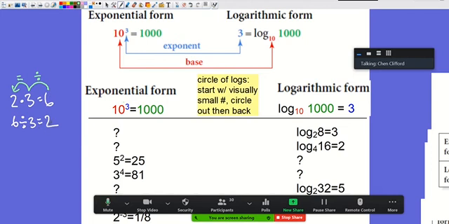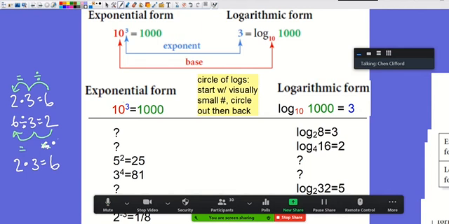If you want to rearrange this division to get back to multiplication, you would just do 2 times 3 equals 6, and then you get back to your original multiplication. That's the same relationship with exponents and logs. You can rearrange exponents to get to logs, and vice versa.